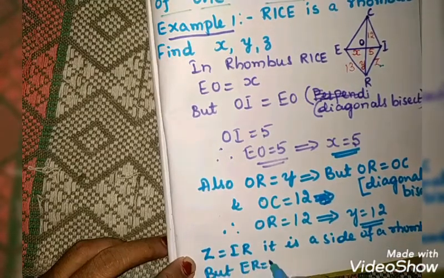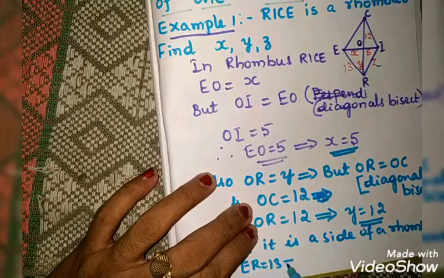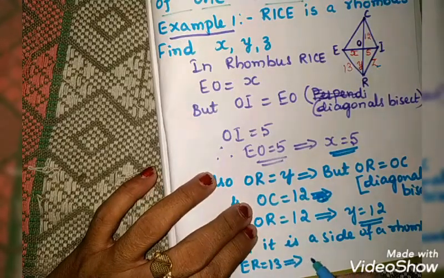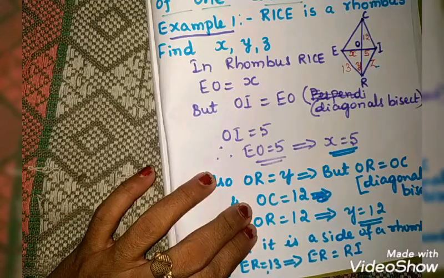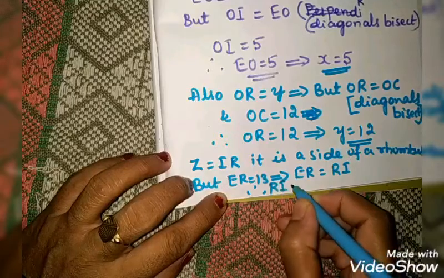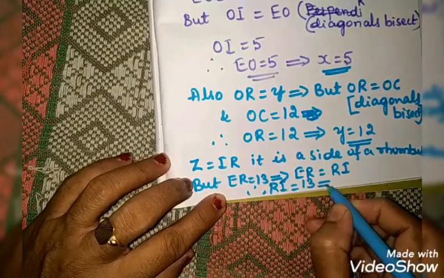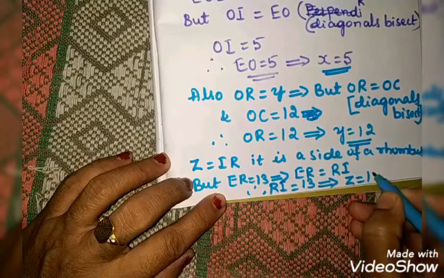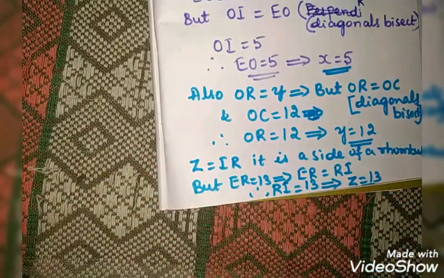ER is equal to 13, which implies that ER is equal to RI. Therefore, RI is equal to 13. RI means that Z is equal to 13. This is one more we have to find out, children.